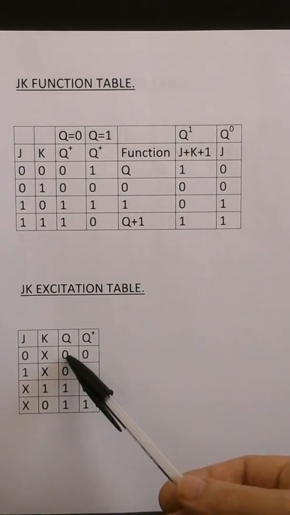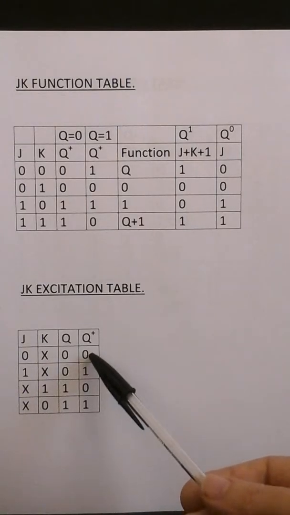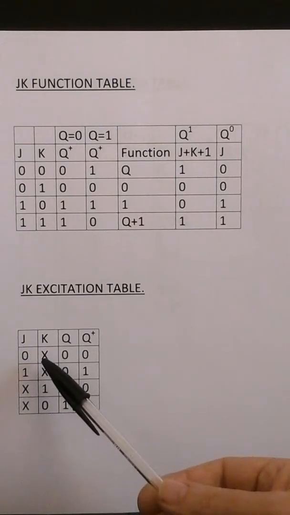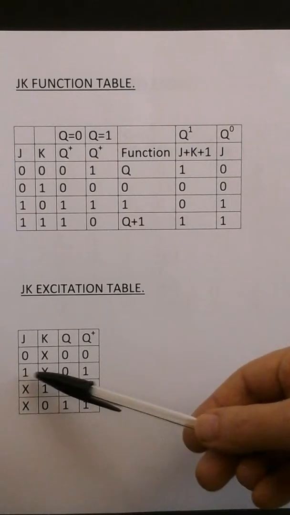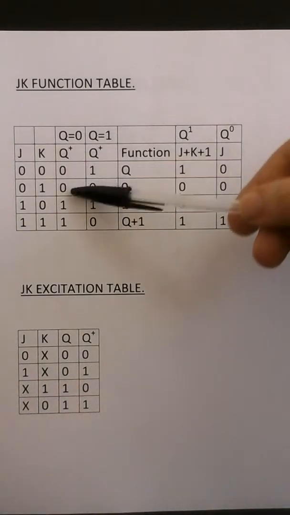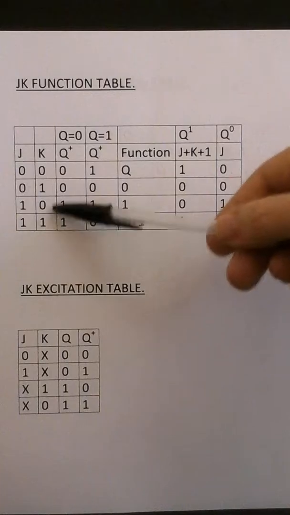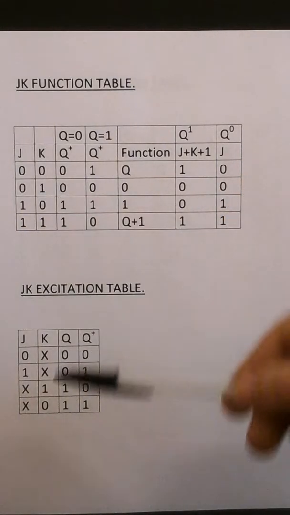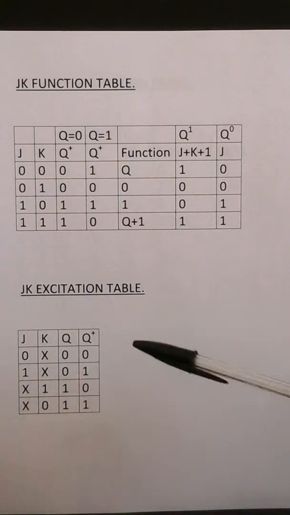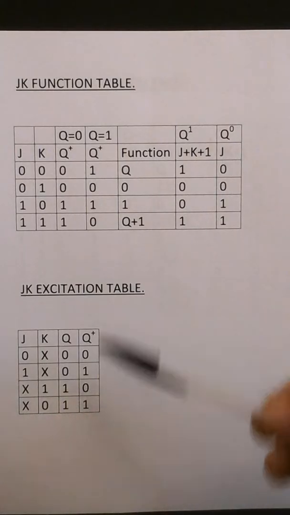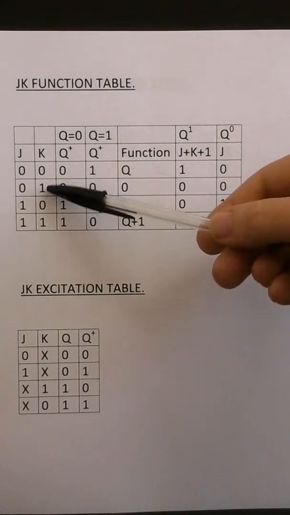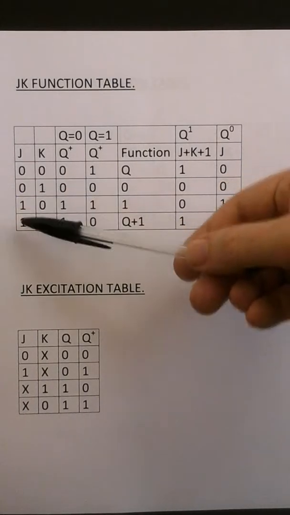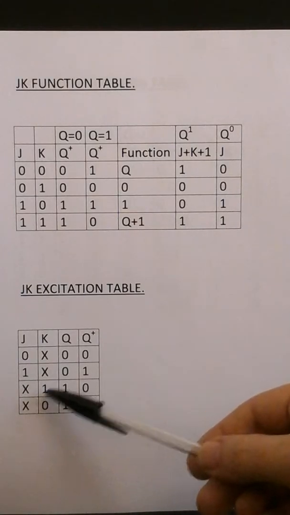So here, q goes from 0 to 0 for q plus. J equals 0 and k can assume any value, x, 0 or 1. Same with 1. From 0 to 1, j is 1, k can assume any value 0 or 1, so it's an x, so that's 1x for 0 to 1. For 1 to 0, k is a 1 and j can assume any value 0 or 1, so there.